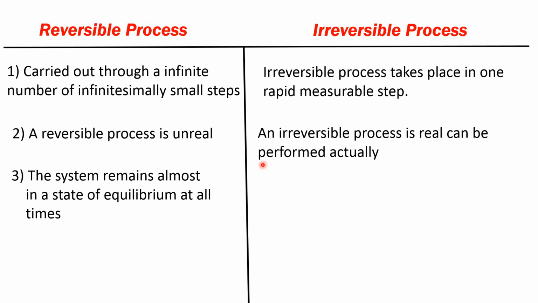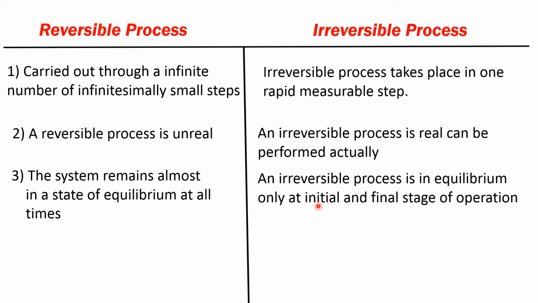Then in reversible process, the system remains in a state of equilibrium at all times. Okay? And irreversible process means equilibrium only at the initial and final stage of operation. Okay? And in reversible process, any two consecutive steps are in equilibrium. At every step equilibrium is maintained.